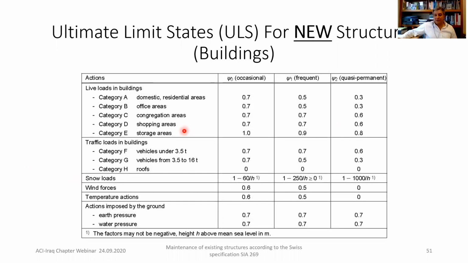This table shows the reduction factors psi for live loads, and we will tell you why we use this reduction. Maybe you don't have this in ACI, the American codes don't use this type. Maybe this is a good discussion between us.